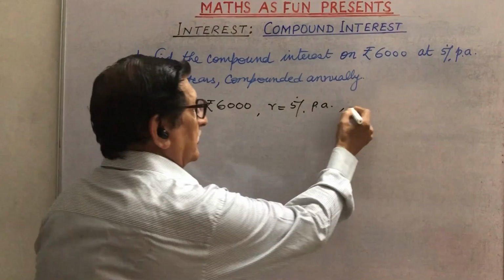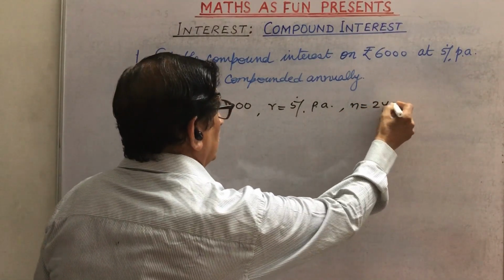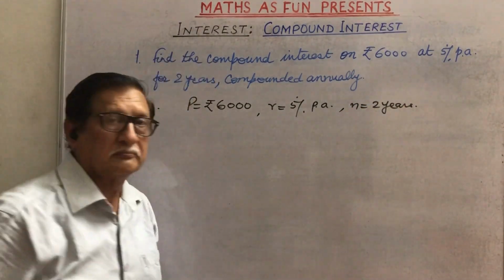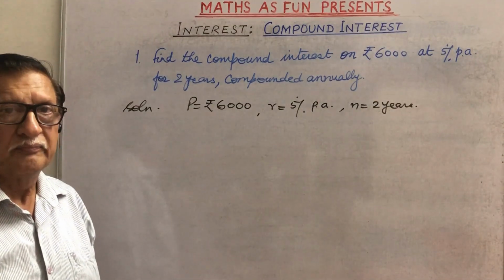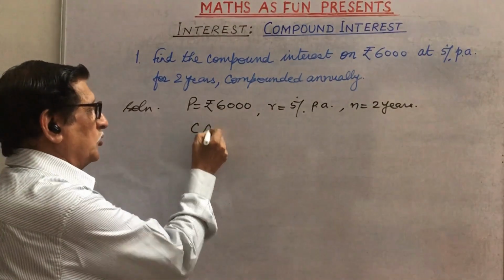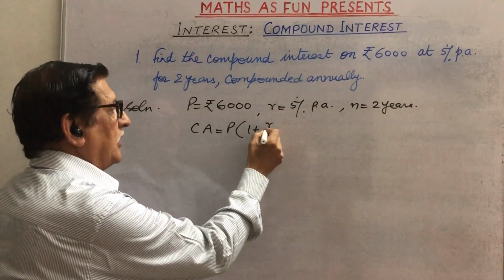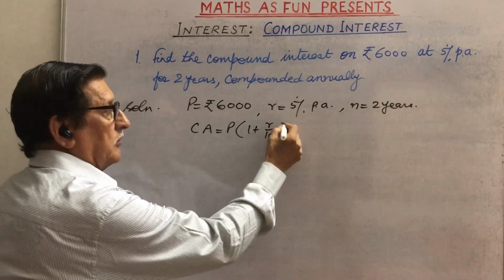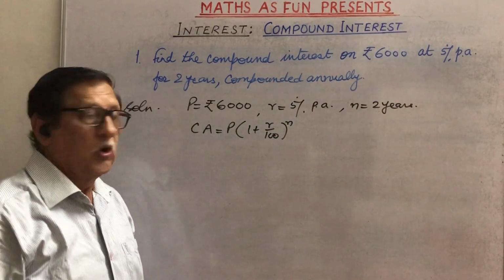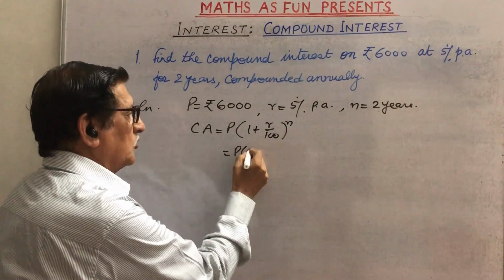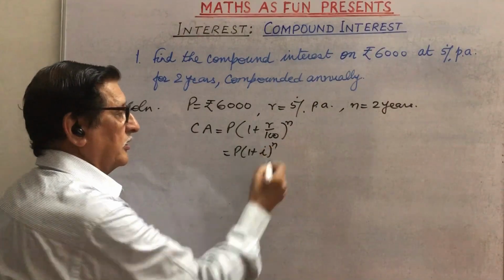So directly we can write the time n is equal to 2 years. To find the compound amount, we have the formula P into (1 plus R upon 100) power n, or we can write P into (1 plus i) power n.